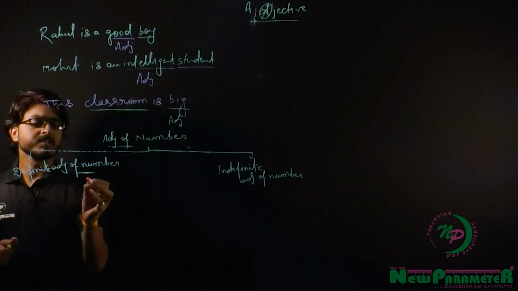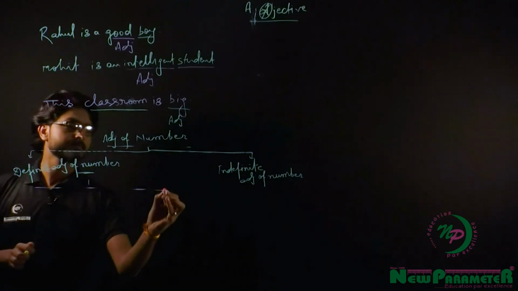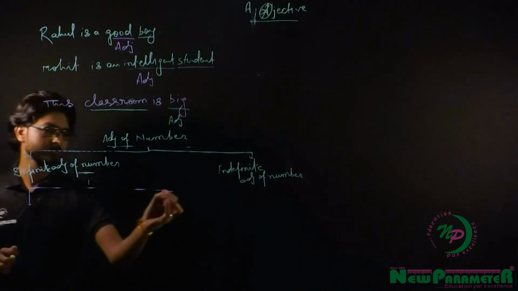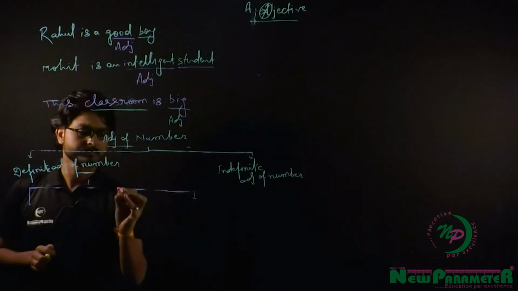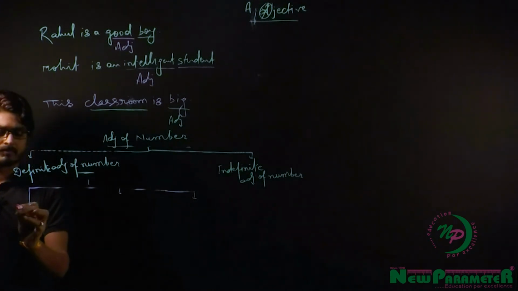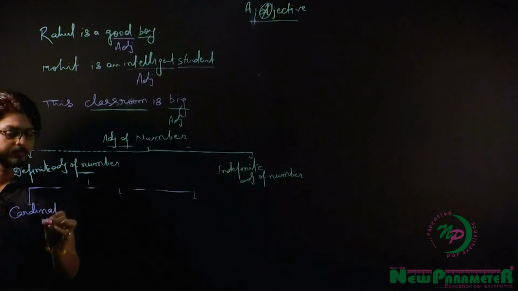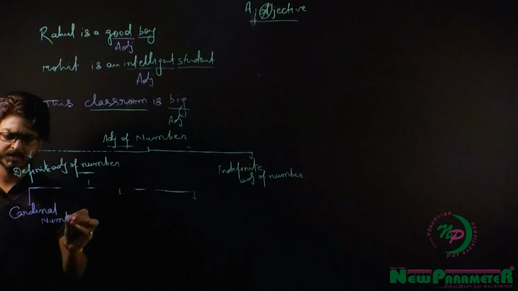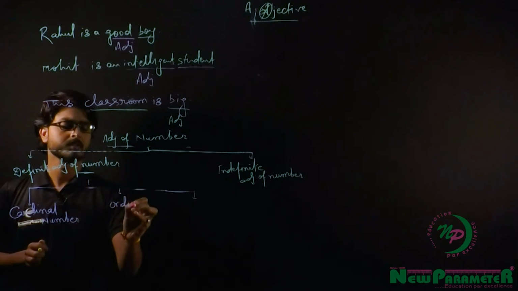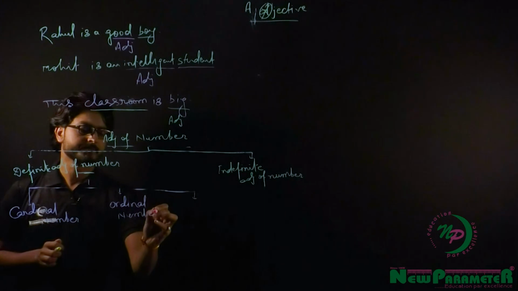See, definite adjective of number is again divided into three parts. Okay, first one is called cardinal number. You might have heard cardinal number. And the second one is called ordinal number.